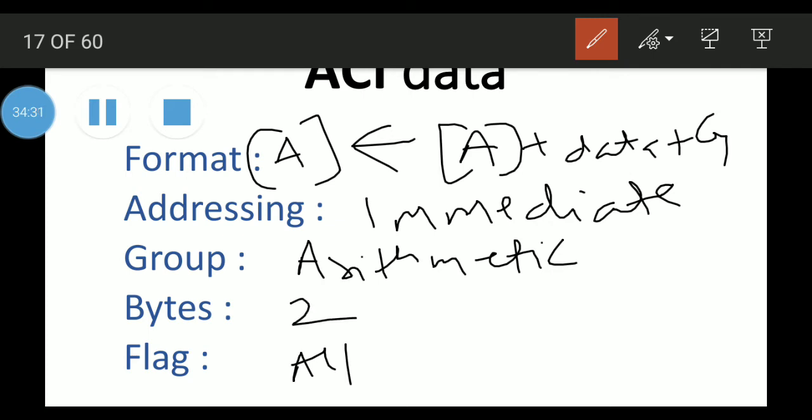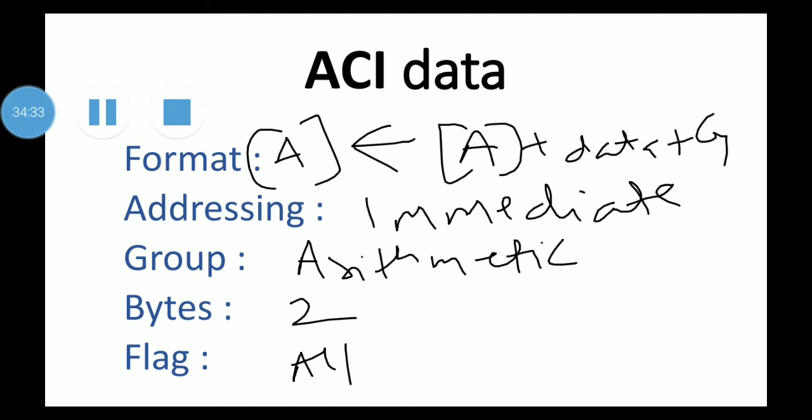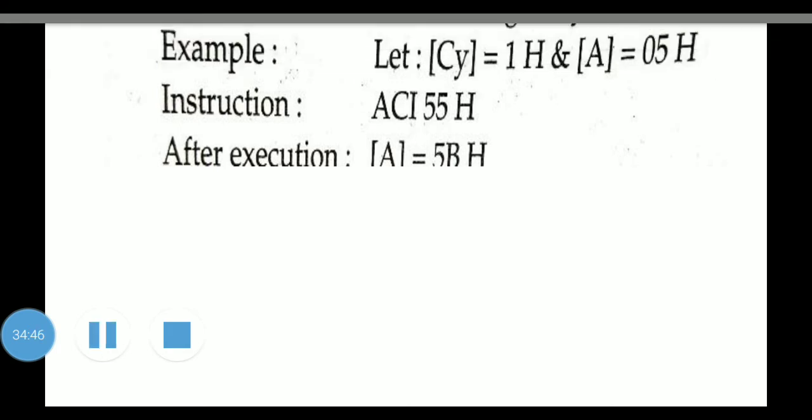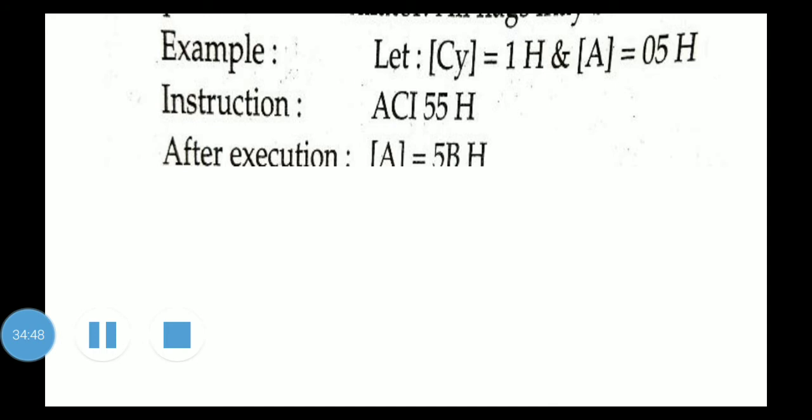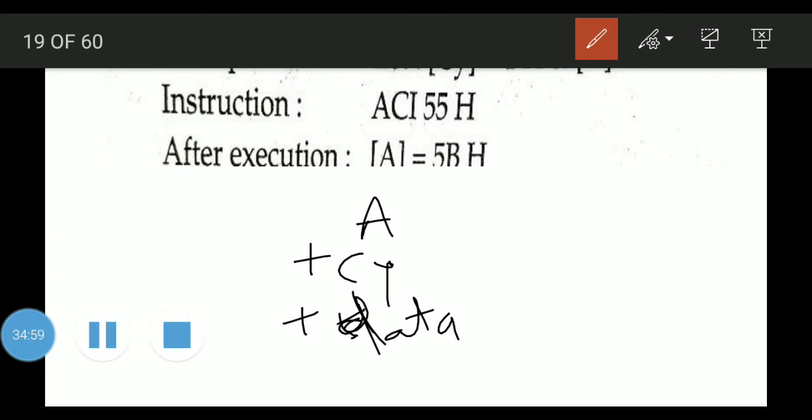Let us take one example on this instruction. In this example, consider carry is having 1H, accumulator consists of 05, and the data is 55. Now the content of accumulator and carry I have specified.